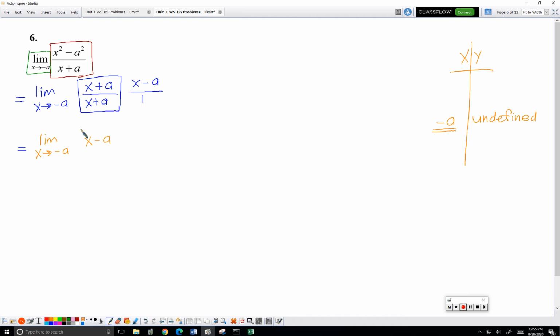But this formula is different. Someone tell me what's different about the green. Right. It doesn't work for numbers where x is equal to negative a. Perfect. It works for all others. In fact, that's really good news because I already know that when x equals negative a, the y coordinate is undefined.